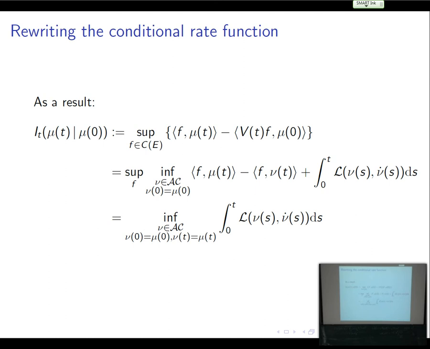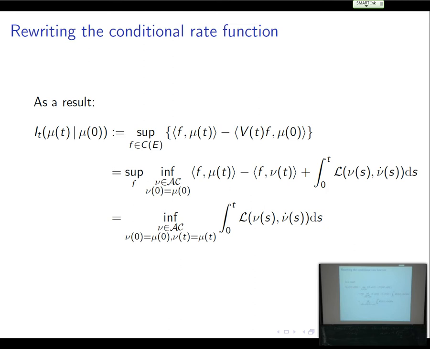And so that's what we have here. So what remains is this infimum, starting in mu naught and ending in mu t. And then, of course, the Lagrangian is still left. So this conditional rate function can be expressed as this infimum of an integral over this Lagrangian, which is, of course, what we were after.